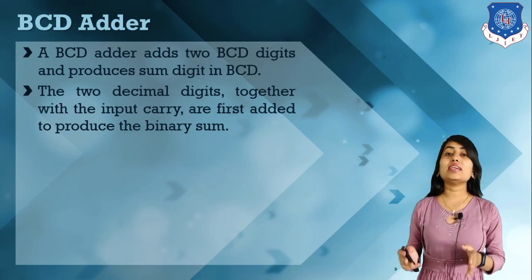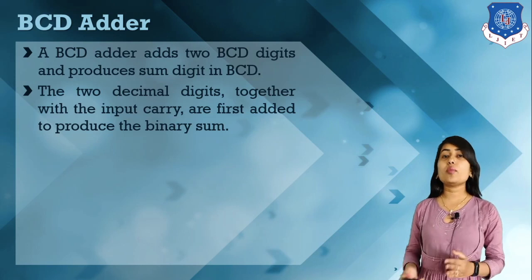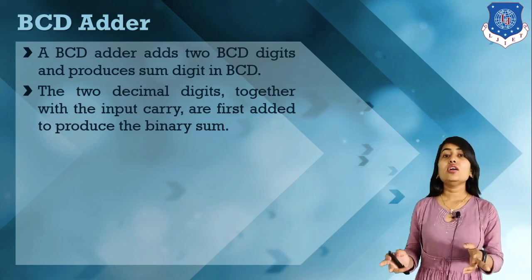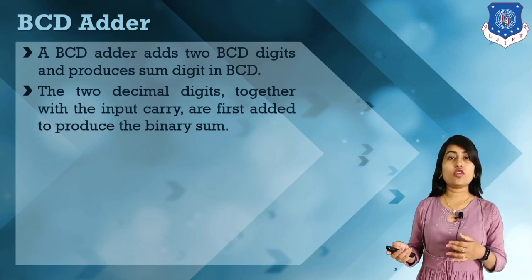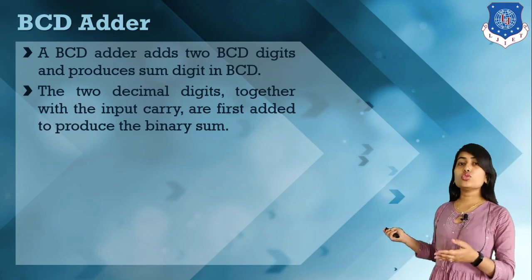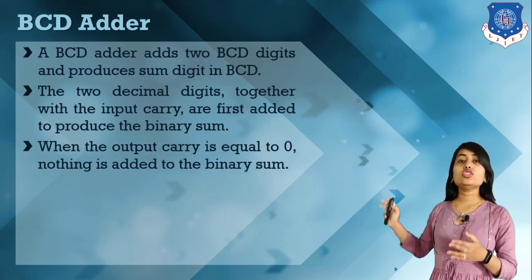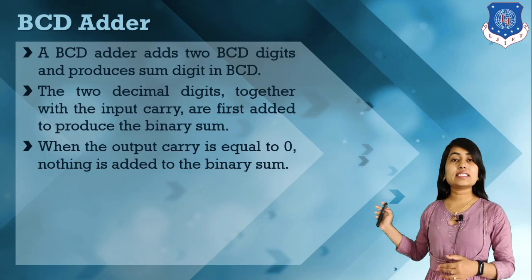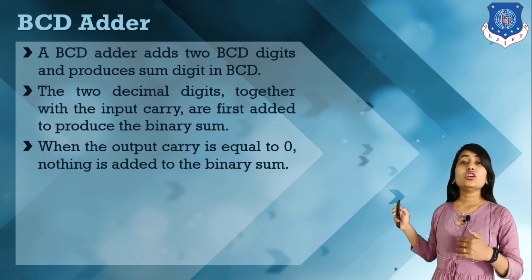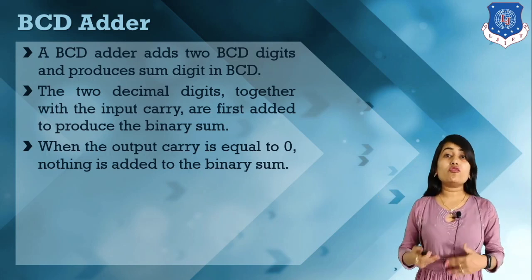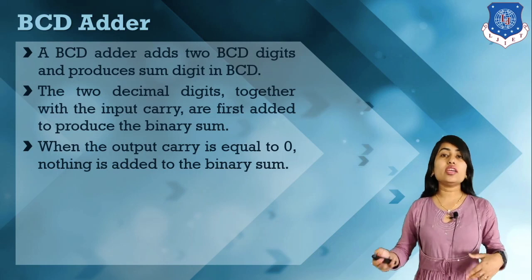If our binary sum is not in BCD format, we have to convert that binary sum into BCD format. So we use one binary parallel adder to get this binary sum, and this binary sum may be a valid or an invalid BCD.